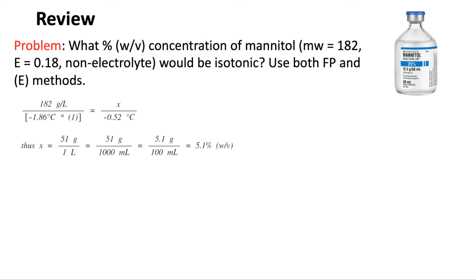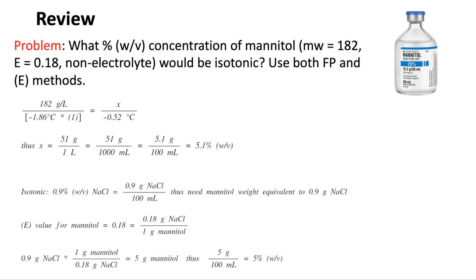Okay, so now let's see if we can come up with that same answer using the sodium chloride equivalent method. To do this method, the first step is to calculate how much sodium chloride we would need to have an isotonic solution. That's kind of by default. We remember that 0.9% weight per volume sodium chloride is isotonic, meaning 0.9 grams per 100 milliliters.